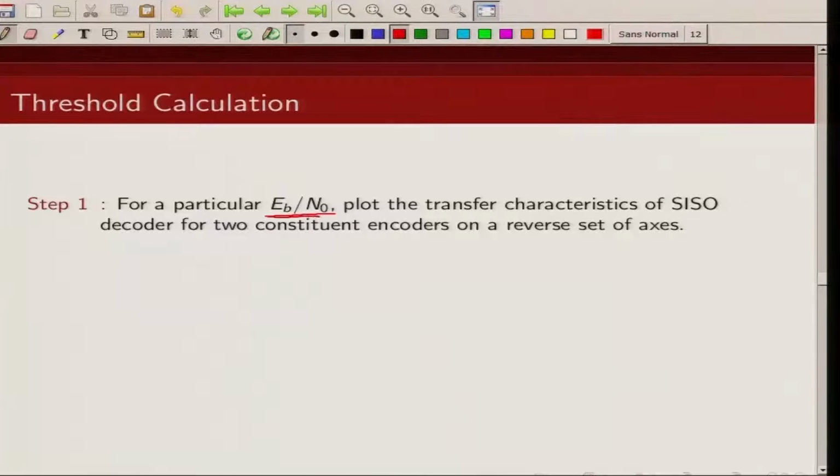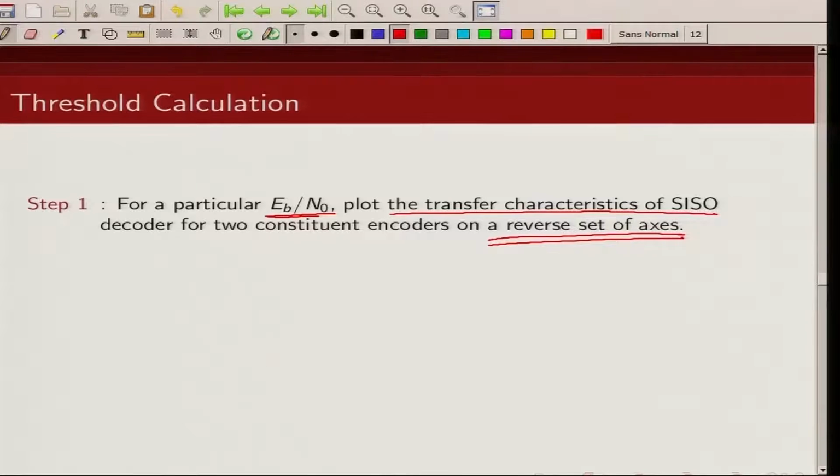How do we do this threshold computation? For a particular signal to noise ratio, we plot the transfer characteristics of this soft input soft output decoder, we plot them on a reverse set of axes.